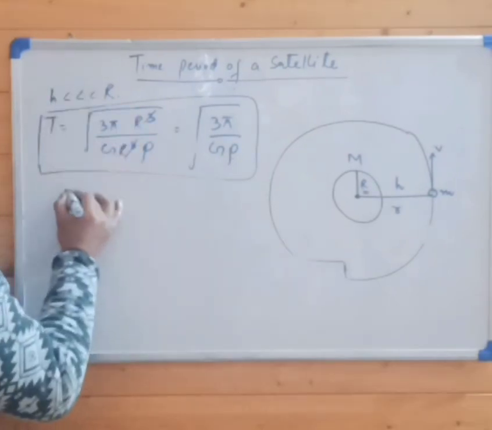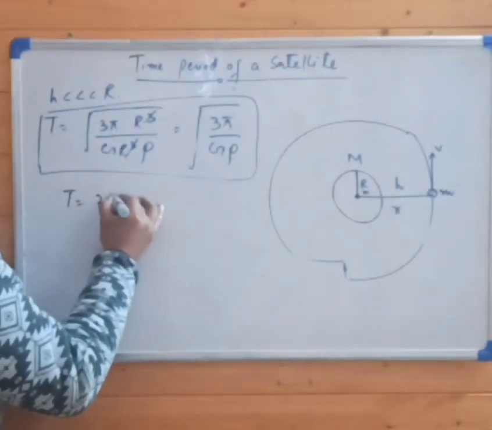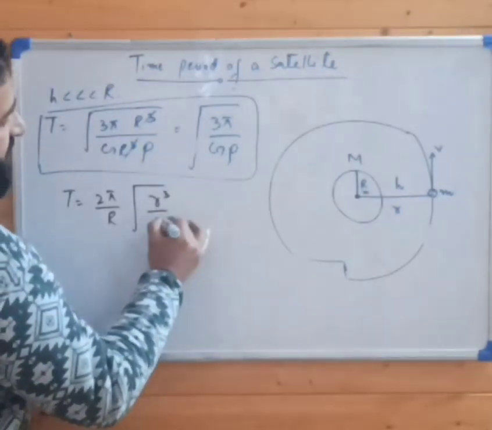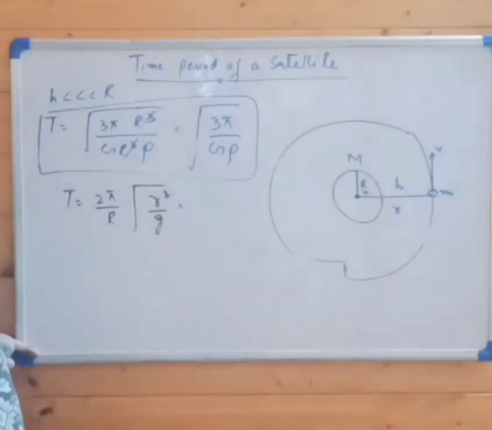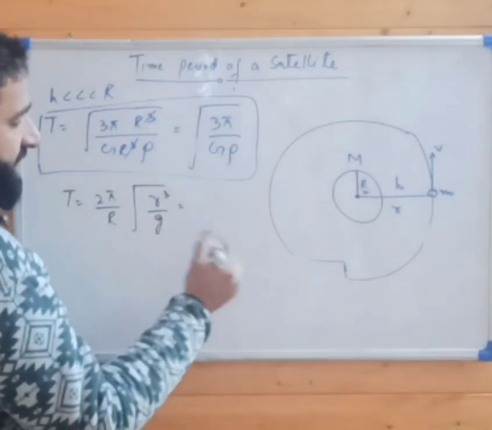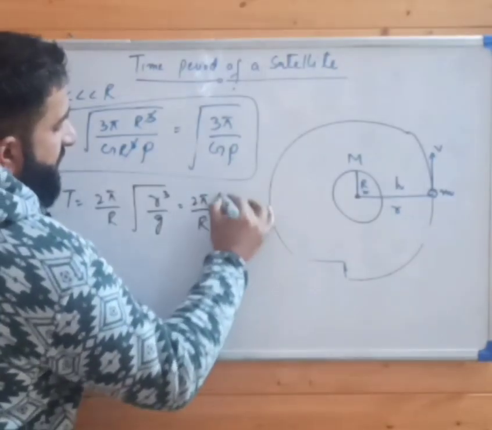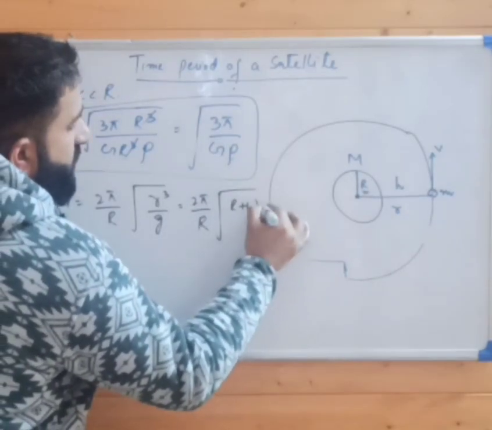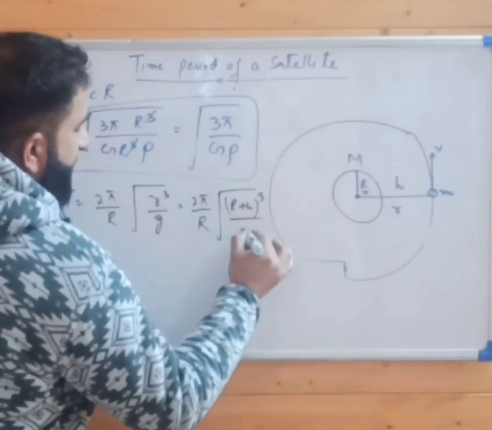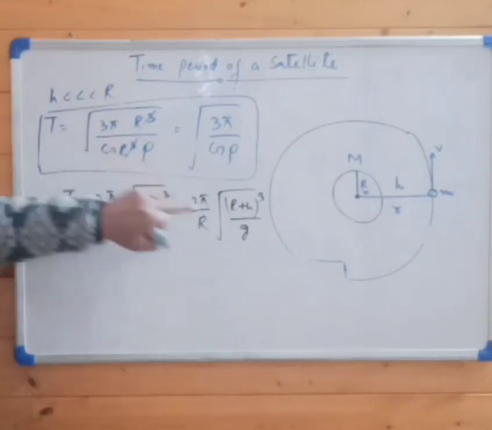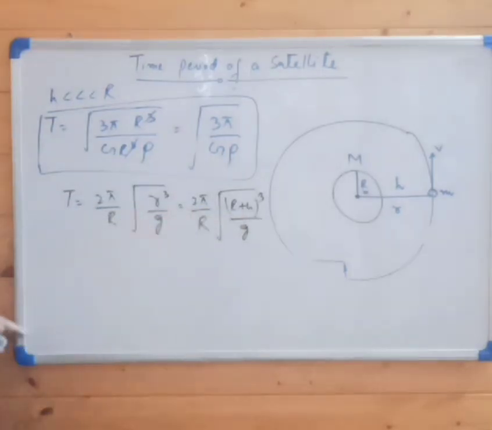As discussed earlier, T is equal to 2 pi by R into root of r cube divided by g. Putting the value of r equal to R plus h, that gives us 2 pi by R into root of (R plus h) whole cube divided by g. Now if h is much less than R, h can be neglected here.